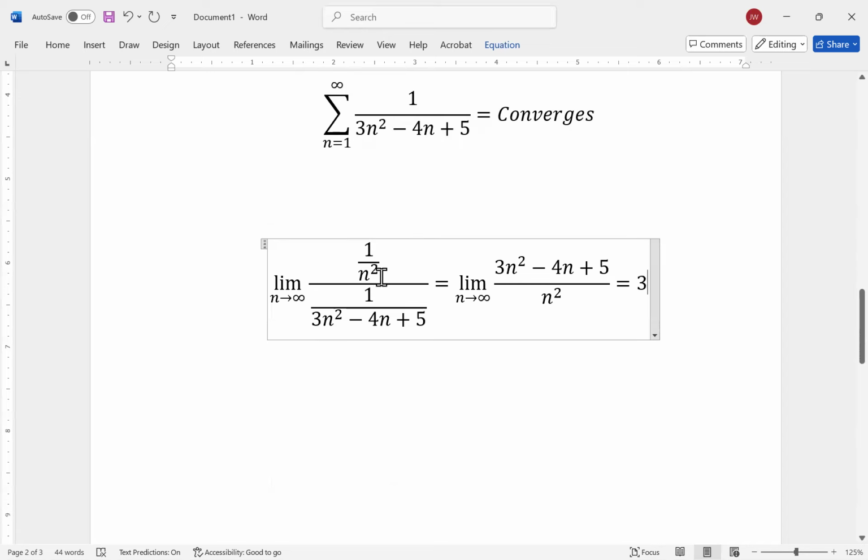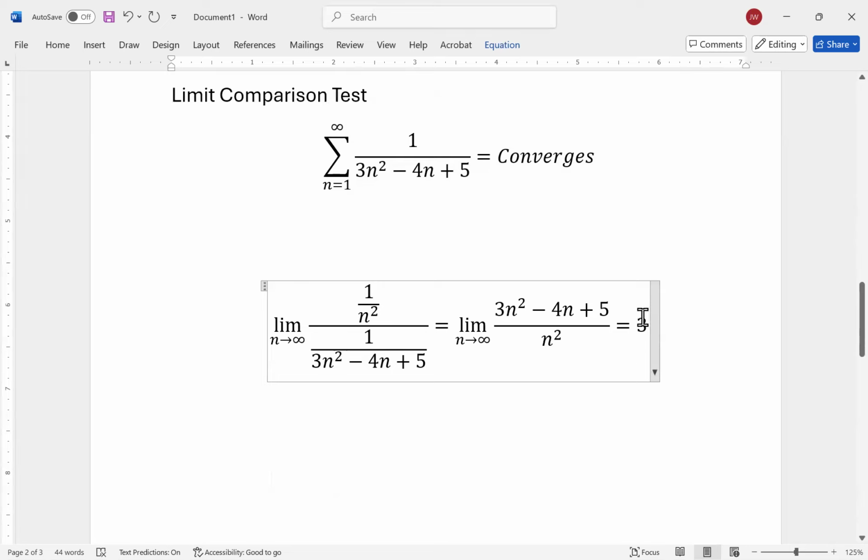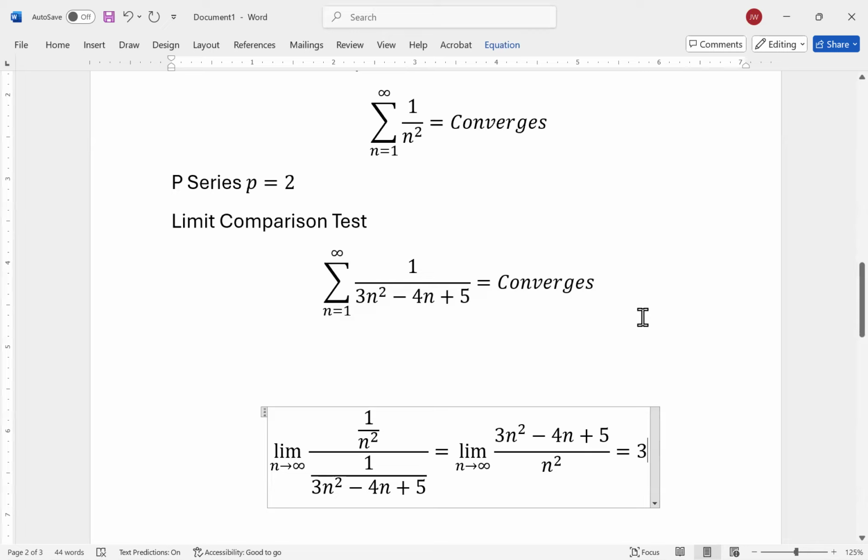By the way, if you would have flip-flopped your numerator and denominator, instead of getting a limit of 3, you would have gotten a limit of 1/3, which would have told you the same thing. 1/3 is still a real number that's not 0. And so we can use the limit comparison test. If this one converges, so does this one.